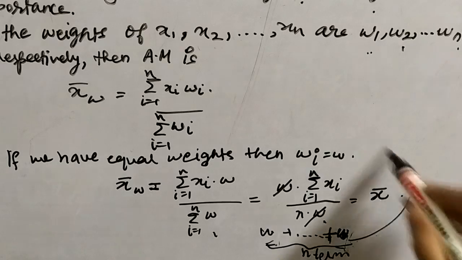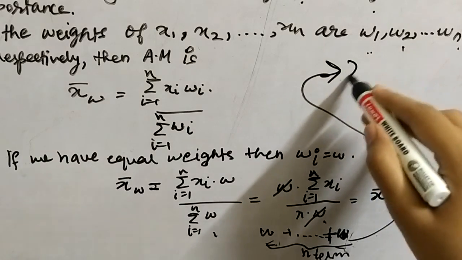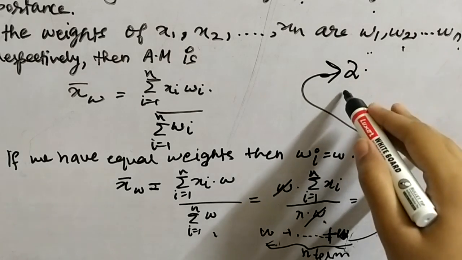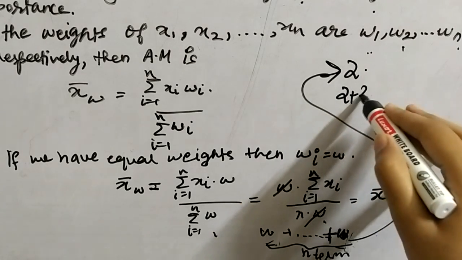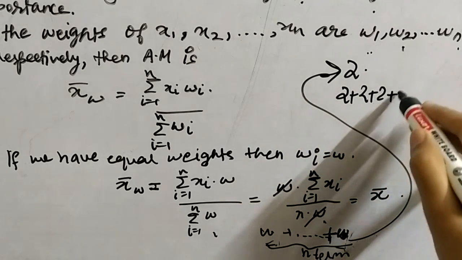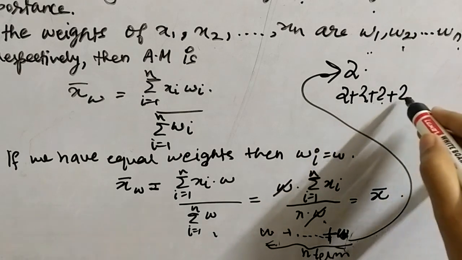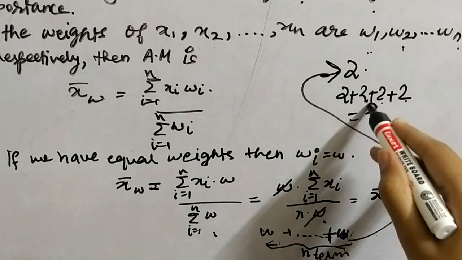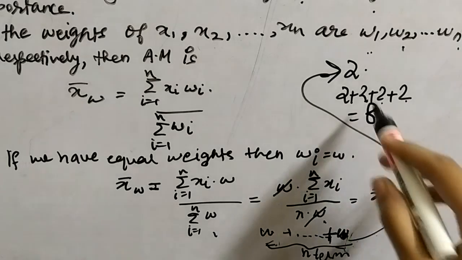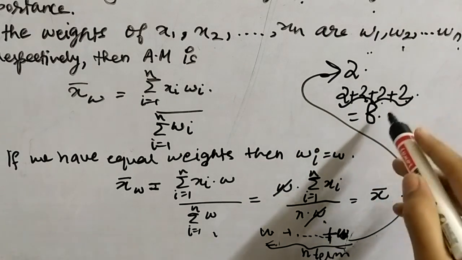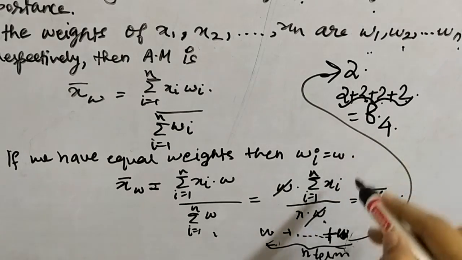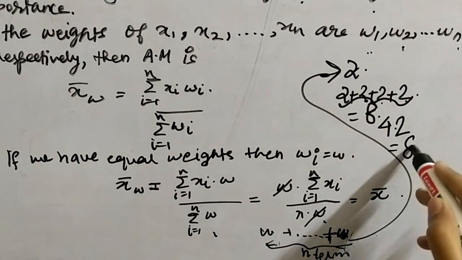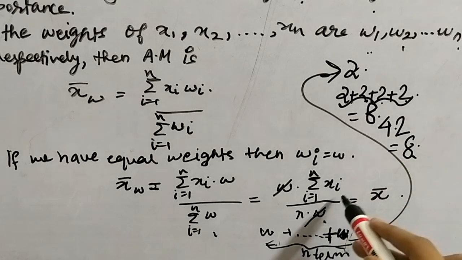Let's suppose I am taking 2, and suppose we are summing 2 for 4 terms, which is equal to, okay, so here we have 4 terms and the value is 2, which gives 8, and hence this is proved.